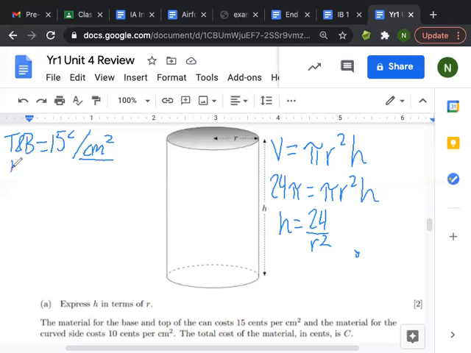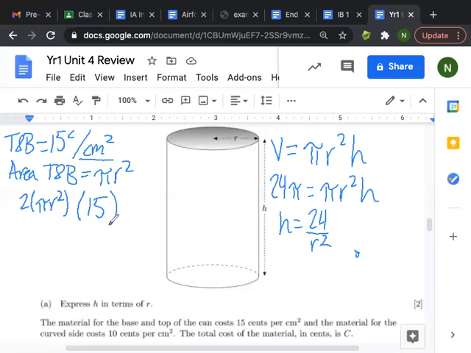So I want the area of the top and the bottom. What shape are they? If I'm looking for the area of a circle, the equation for that is pi r squared. Since I have the top and the bottom, I have 2. So I have 2 times pi r squared times our 15 cents, right?